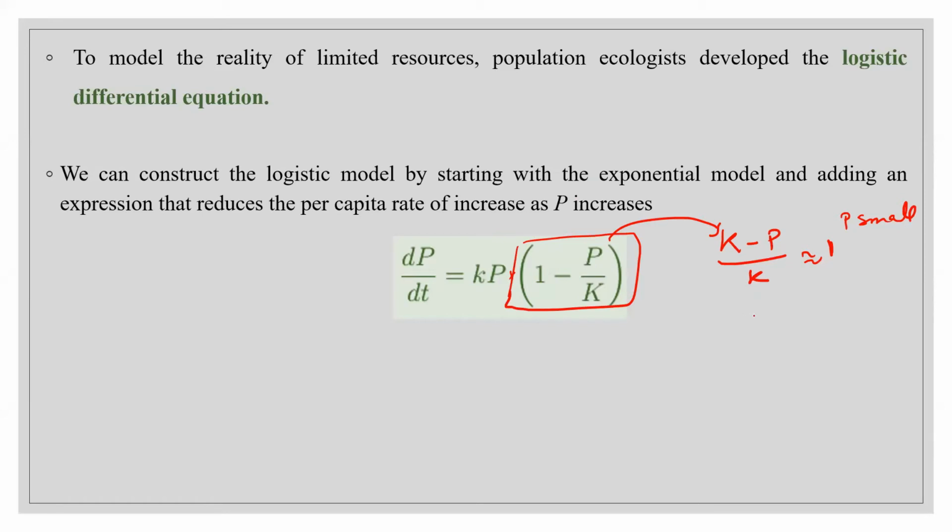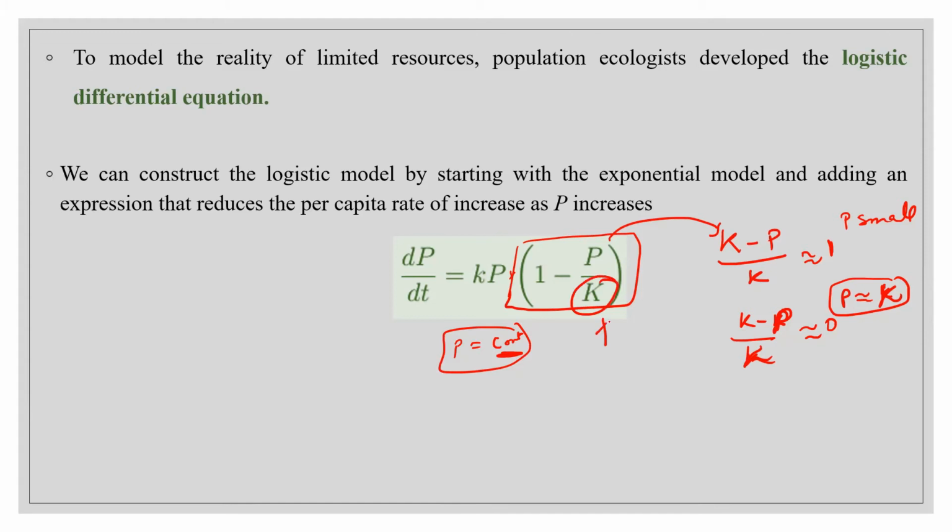And when my p is very large, or you can say when p is near to k, this term will become approximately equal to 0, right? When p is nearly equal to k, then this term will become nearly equal to 0. So in that case, you can see that the growth rate will become 0. That means that the population will achieve some constant position.